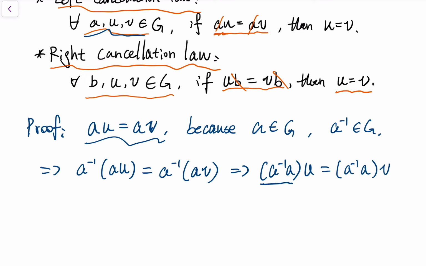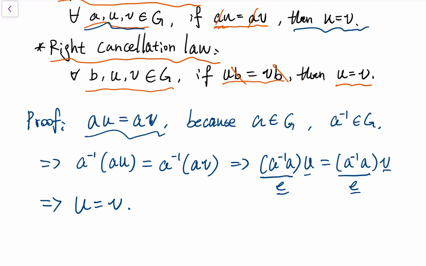And here A inverse A is just the identity element, we can call it E. Here as well, this is the identity element. So the identity element times U is just U, and the identity element times V is V. So we get U equals V. That is what we want to show, U equals V. And the right cancellation law is the same.